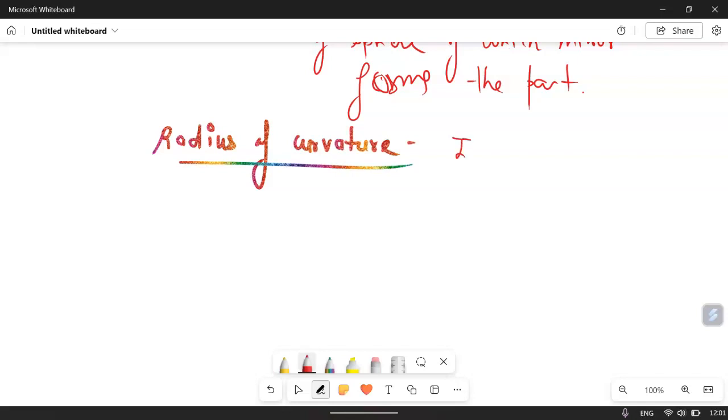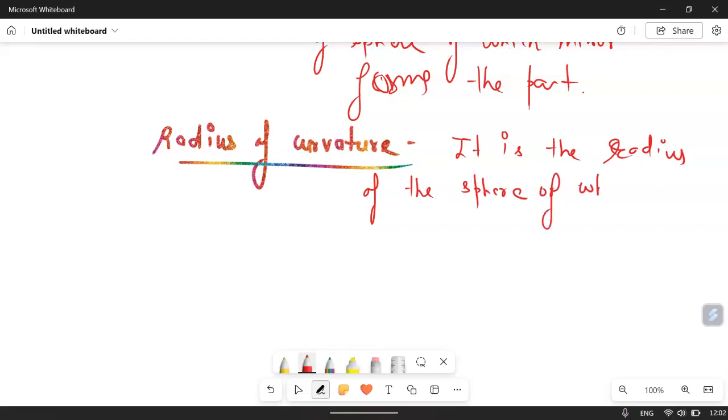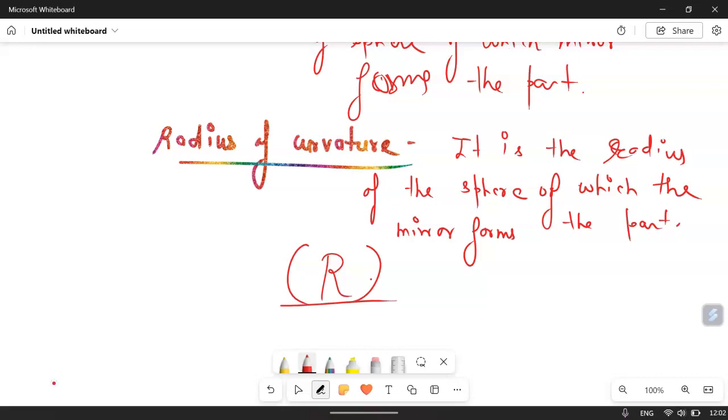It is the radius of the sphere of which the mirror forms a part. जिस sphere से mirror बना है, forms the part मतलब उसी का ये radius है. इसको denote किया जाएगा capital R से. Okay, R is the symbol for that.